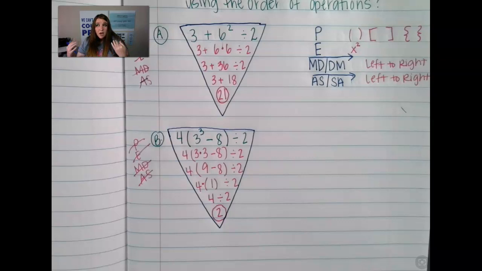There are tons of people out in the world right now who do not complete the order of operations correctly, and you will see that on different social media outlets. Like, there are people who solve them wrong and then they get into fights over who's right and who's wrong. But by being able to follow the order of operations correctly, you'll get to walk away from those situations knowing that you did them correctly.